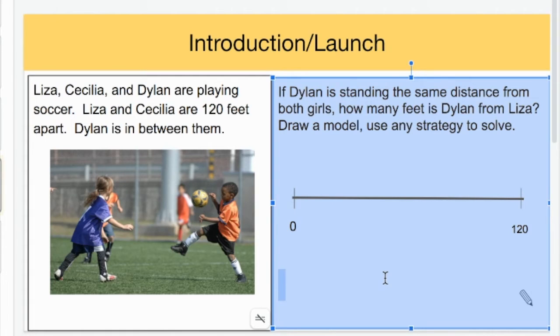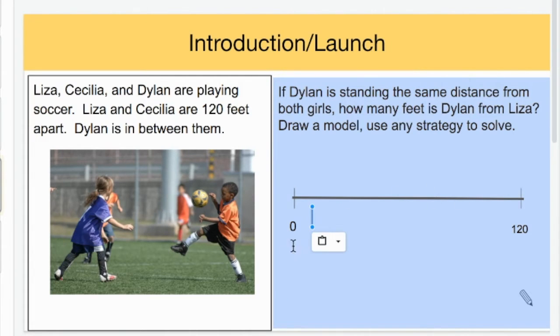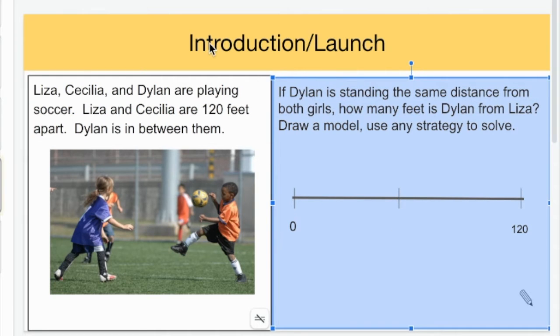Now we are going to start plugging in the information that we know from the word problem. So it says Liza and Cecilia are 120 feet apart, but Dylan is in between them. So let's draw another line for Dylan. And if something is in between, it's usually in the middle. So we don't know yet what number Dylan is standing on in our number line.